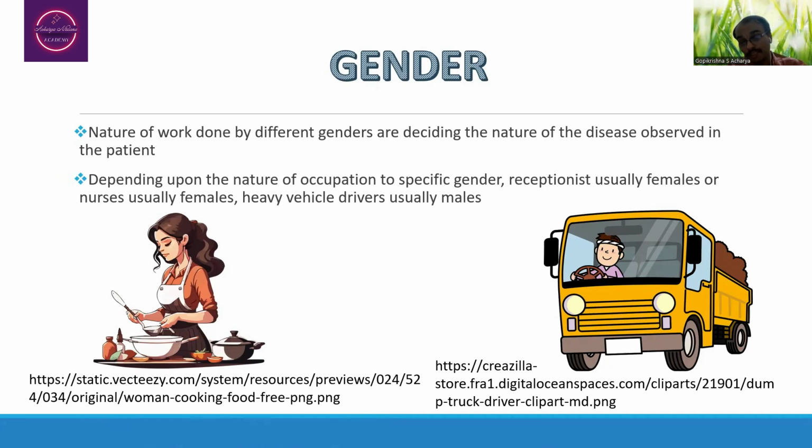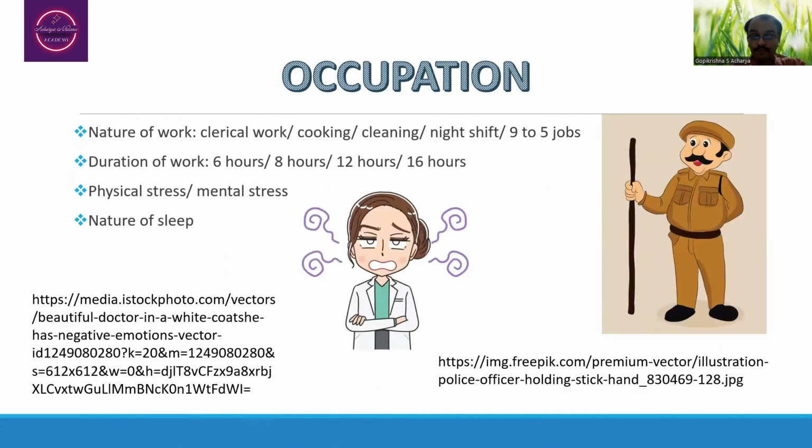In this situation, the male's long heavy vehicle driving may be one of the reasons, as the person may be holding the urge of defecation for a longer amount of time. So in this way, we can make the diagnosis of diseases based upon gender.